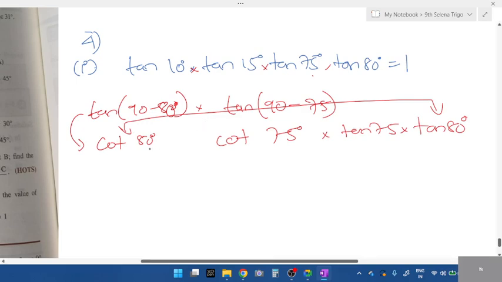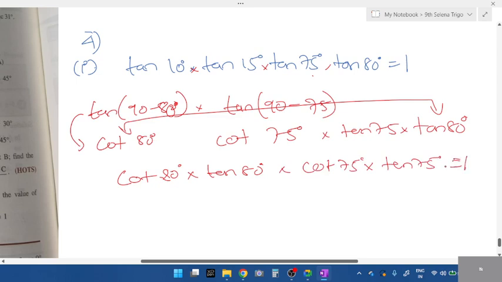Okay, we'll arrange this. Andrea, 80 and 80 are same, right? So I'll write it together. What should I write here? Cot 80 into tan 80. Next, what do we have? Cot 75 into tan 75. Right hand side we have 1.